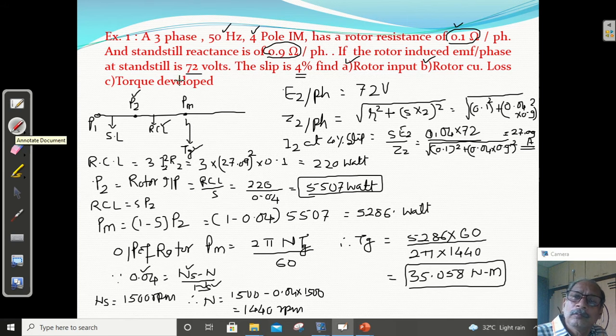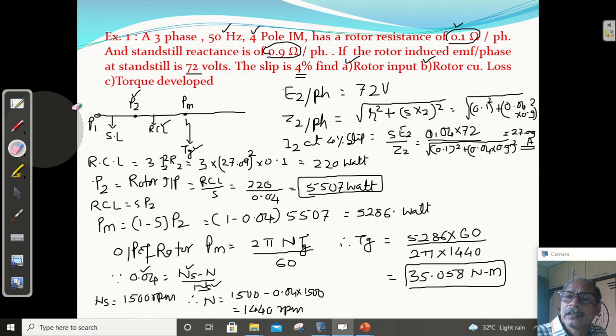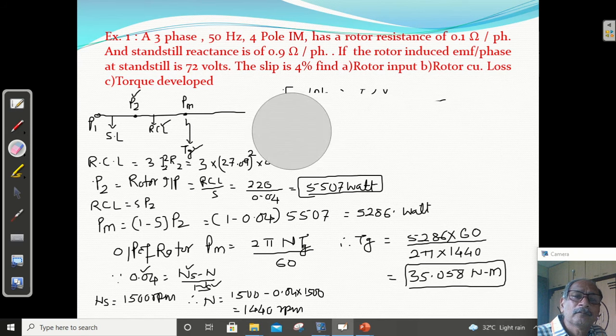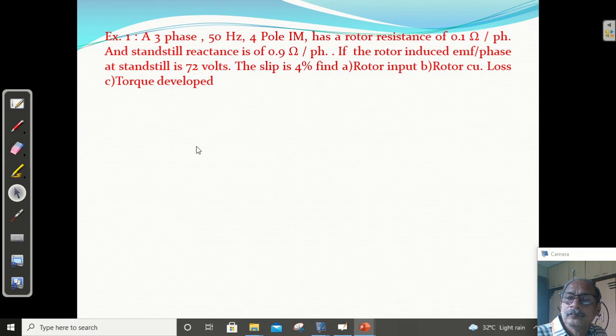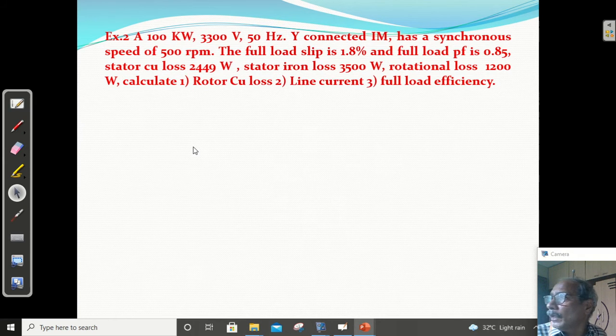One more problem I am going to discuss based on the power stages. So this is the second problem I have. Example number 2: a 100 kilowatt.